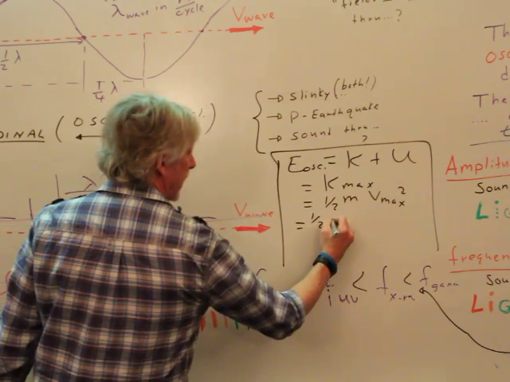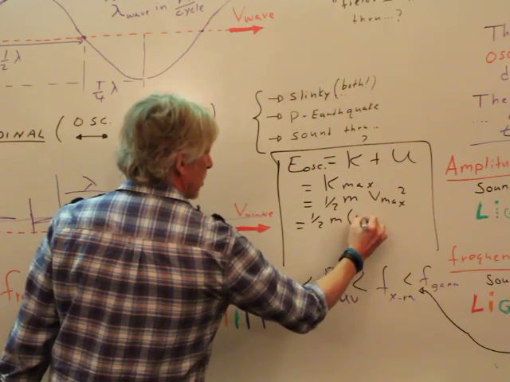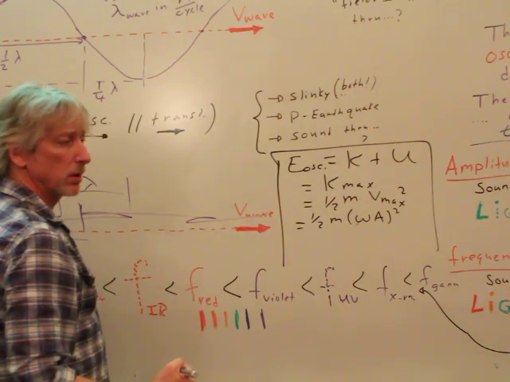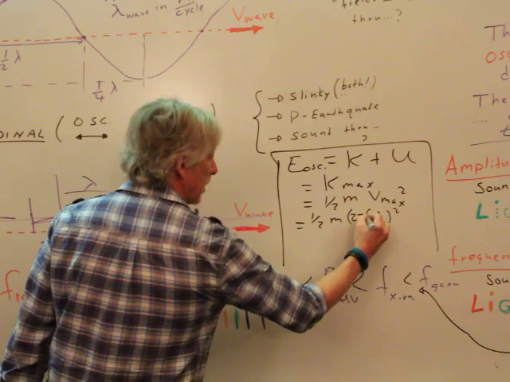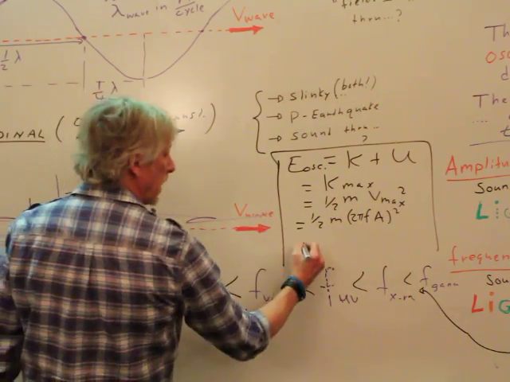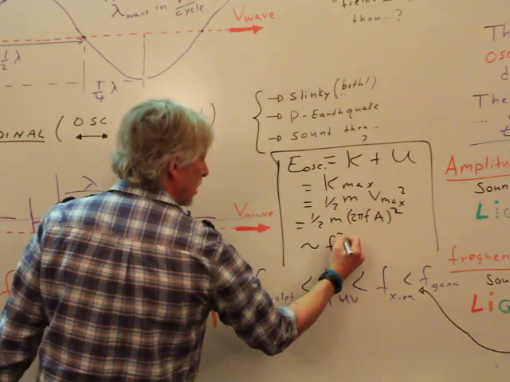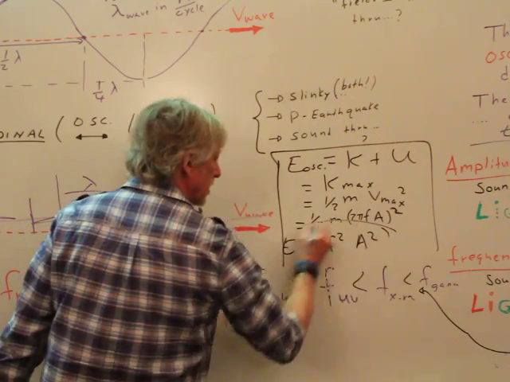That's equal to 1/2 m omega a squared. Of course, I can write omega as 2 pi f, squared. That means that my energy is proportional to the frequency squared and the amplitude squared, which makes total sense for a wave.